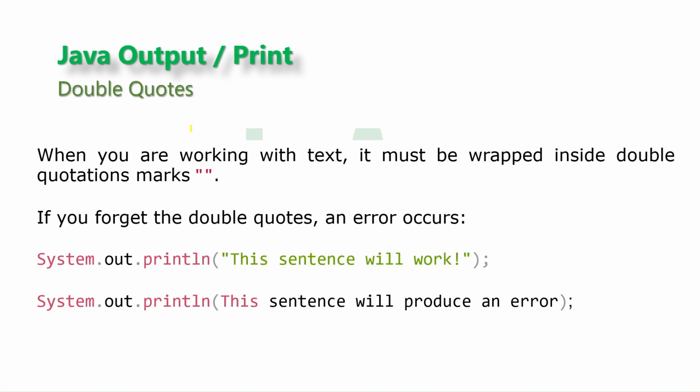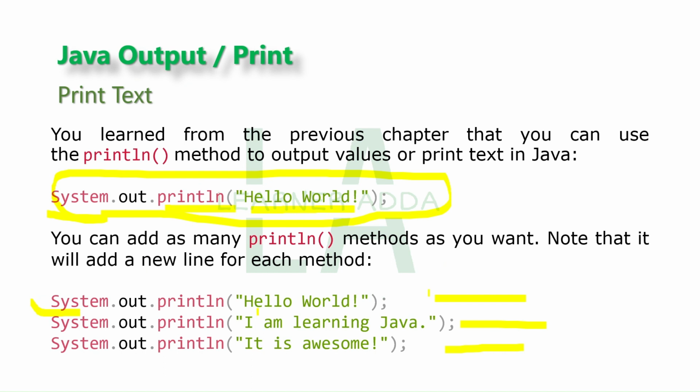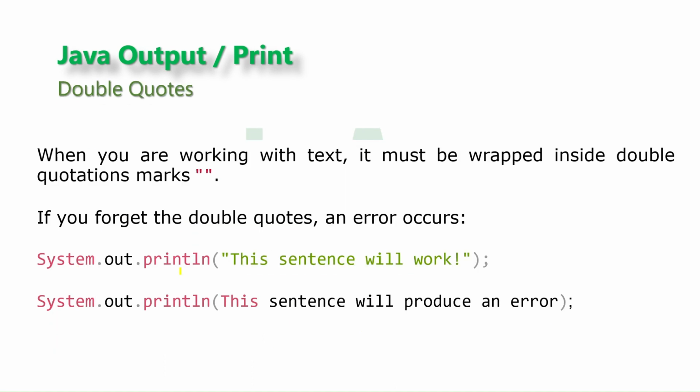When you are working with text, it must be wrapped inside double quotation marks. If you forget the double quotes, an error occurs. In the previous example we wrote Hello World in double quotes only, like that. System.out.println, this statement will work. The message will be printed on the screen. That message is kept only inside the double quotes and inside the parenthesis.